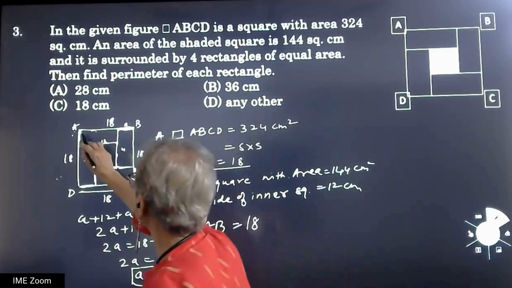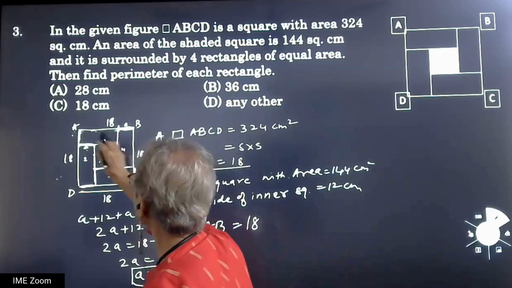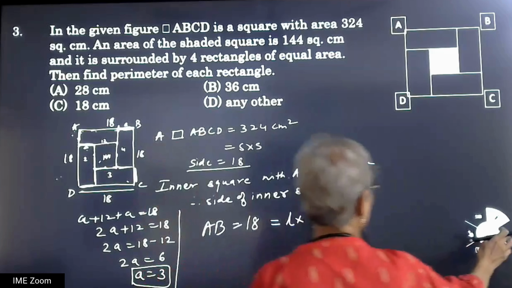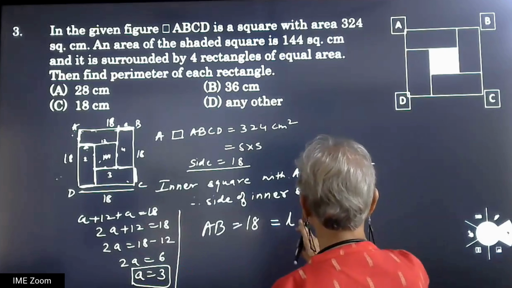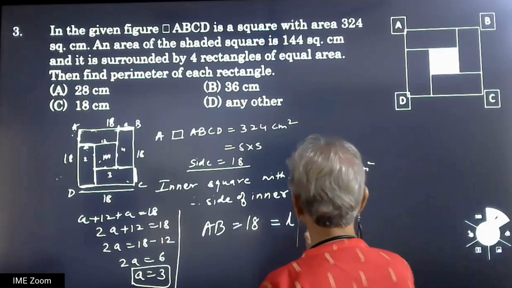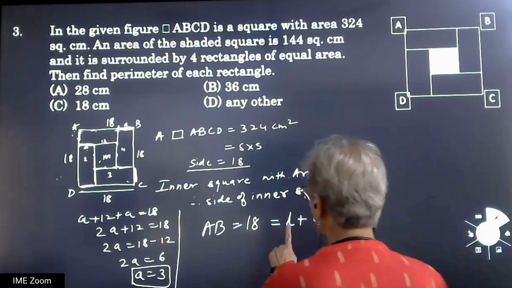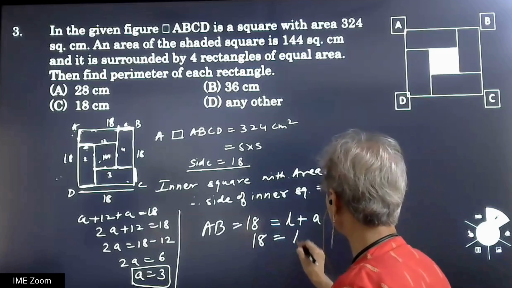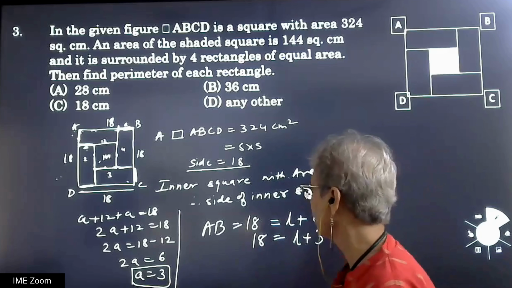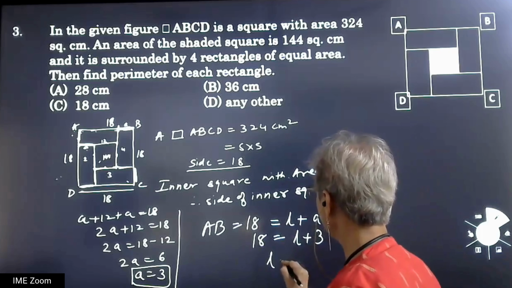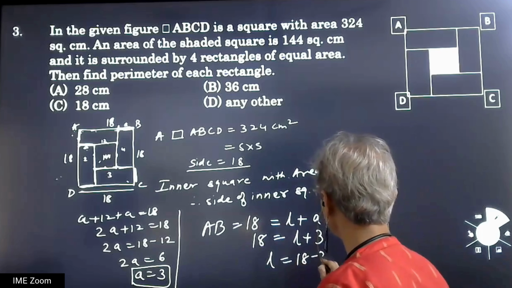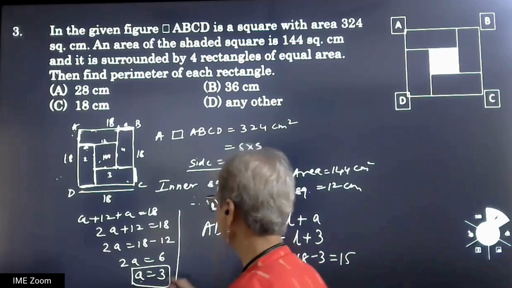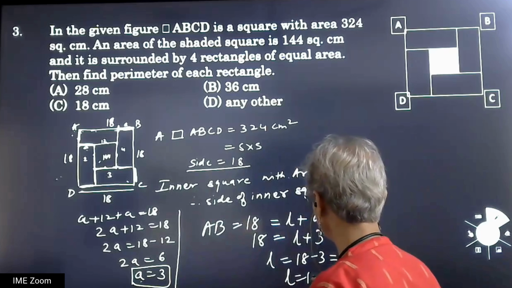And this is the length of the rectangle plus A, that is L plus A. So 18 is equal to length plus A, where A is 3, which we just got. So subtract, and L is equal to 18 minus 3, that is 15. So now we have breadth A, that is 3, and length is 15.